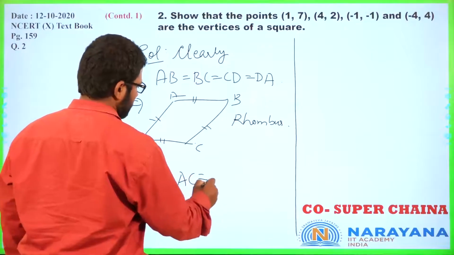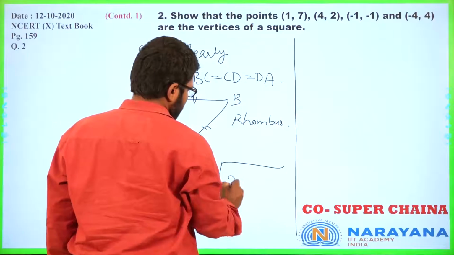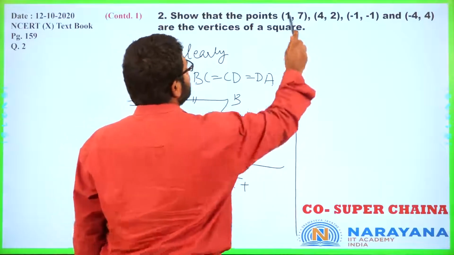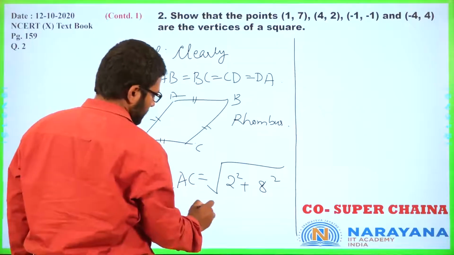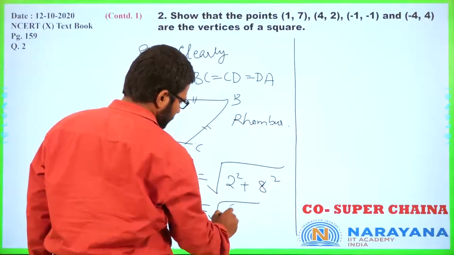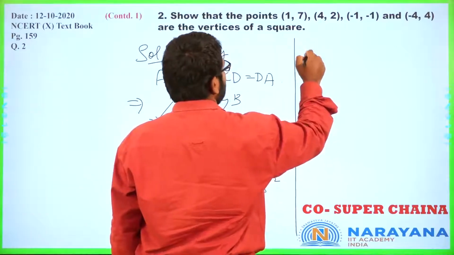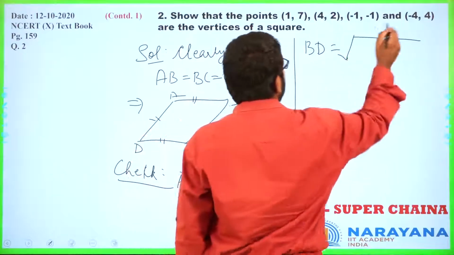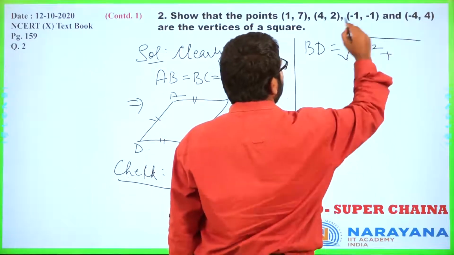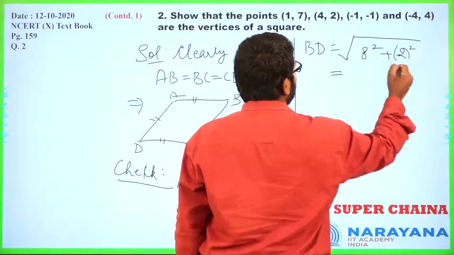AC, so 1 minus 1, 2 square, and then 7 minus 1, 8 square, right? That is under root 4 plus 64, 68. And BD, under root 4 minus 4, once again 8 square, and 2 minus 4, 2 square. In fact, minus 2 square.